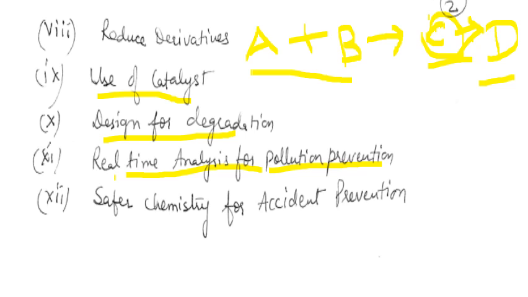We should go for such analysis so that pollution can be prevented, and safer chemistry should be there for accident prevention. It should be a very safe reaction. It should not cause any fire or such accidents, producing poisonous gases and all. So that's the principle, safer chemistry for accident prevention.